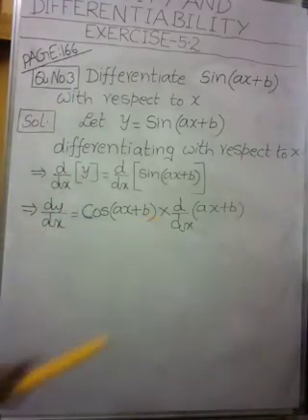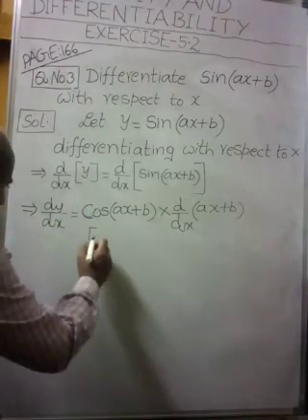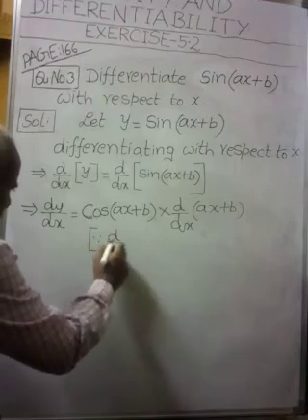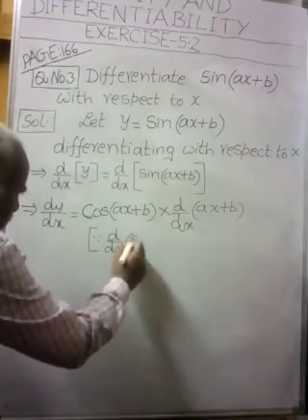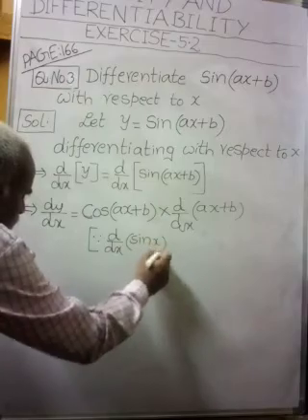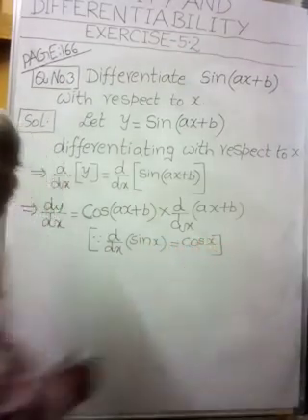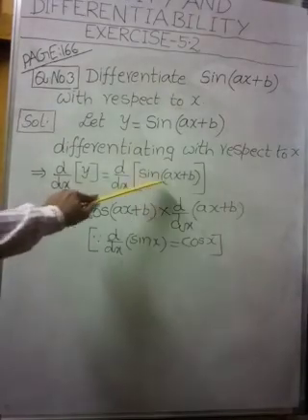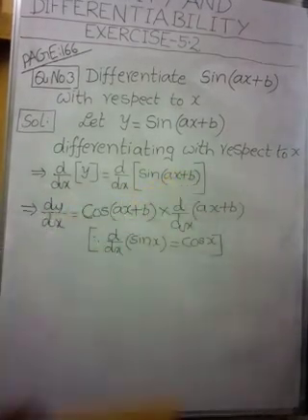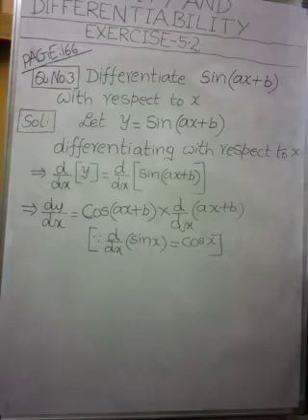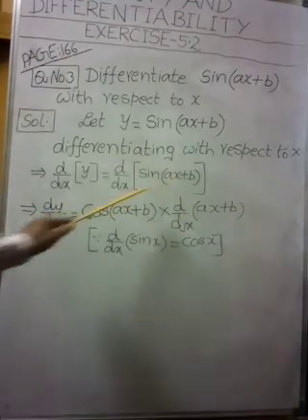Understood this step, my dear children? Because d by dx of sin x is equal to cos x. Consider the inside function, inside the brackets, as x in your mind. So d by dx of sin x, what is the formula?